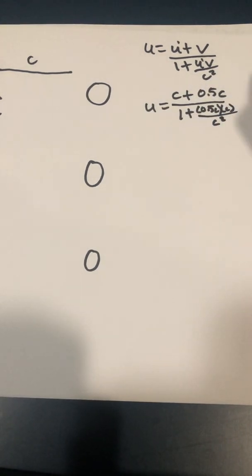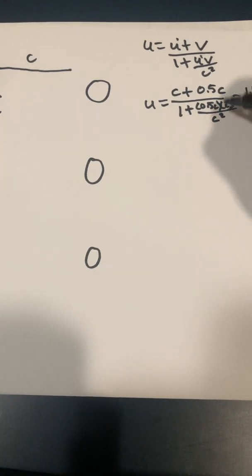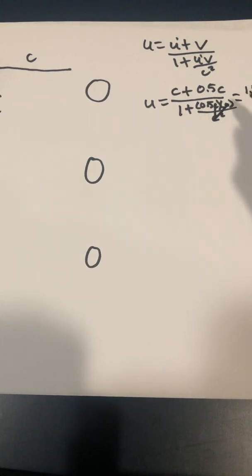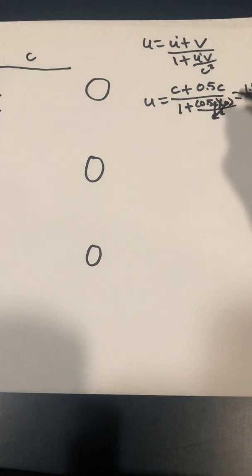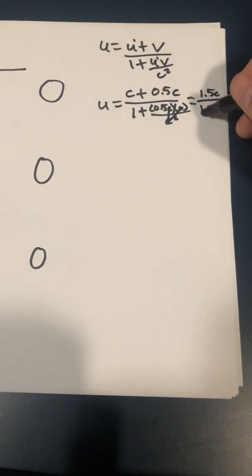So in this problem, the simple addition on top will equal us to 1.5c. All of these c's will cancel because there are 2 c's on top and the times divided by c squared. So that'll give us 1.5 on the bottom. And as you can see, these will cancel.